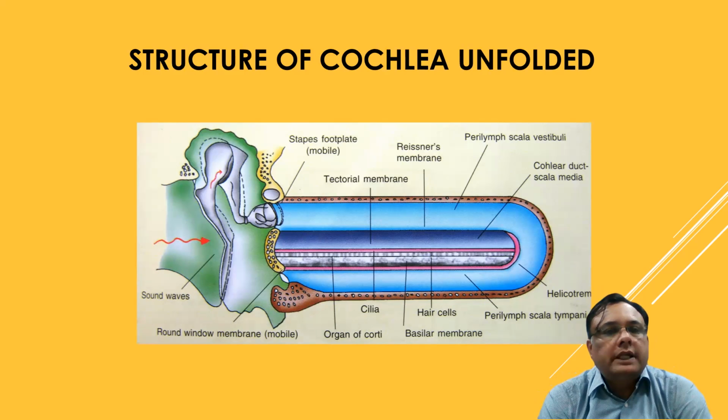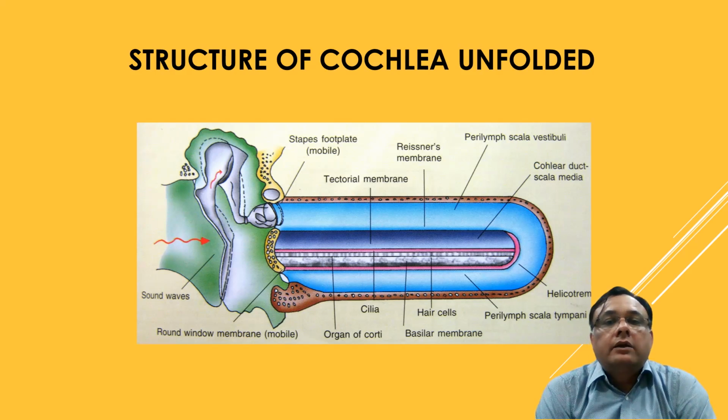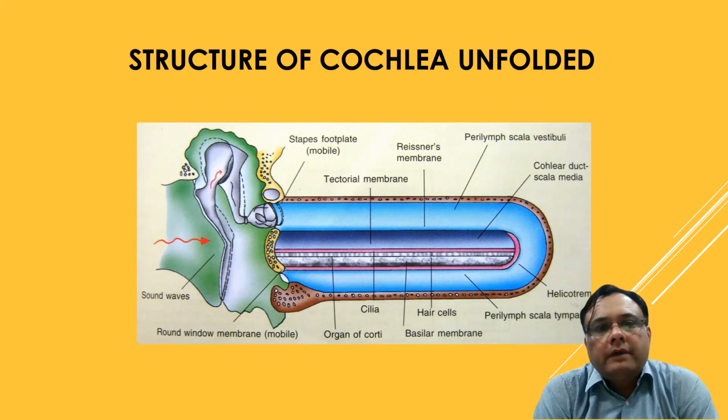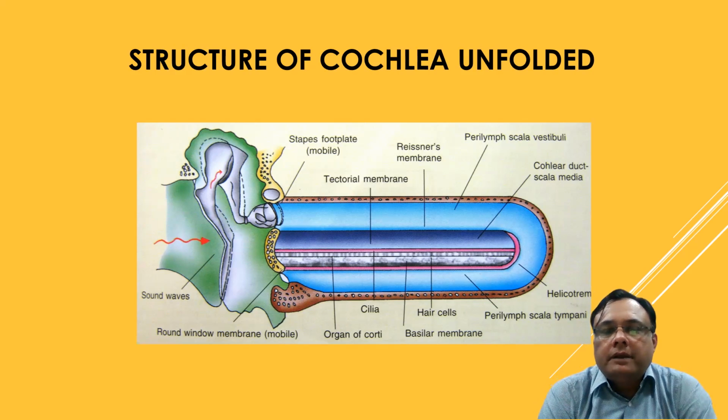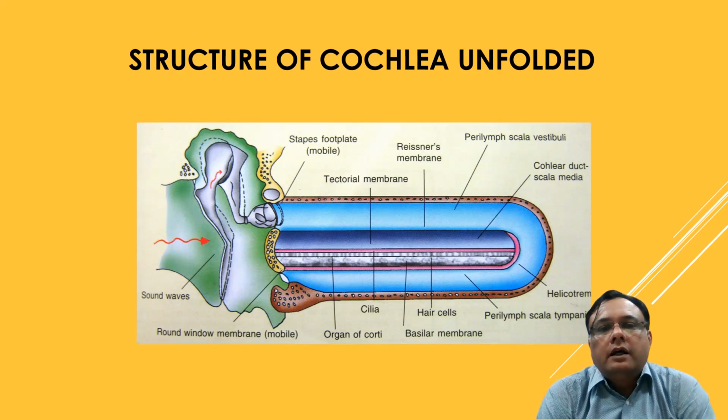Mechanical energy coming from the environment via the sound wave travels towards the EAC and strikes the tympanic membrane, causing vibrations of the ossicles, and ultimately the vibrations lead into the perilymph, which causes the vibration of the endolymph and the tectorial membrane movement, which ultimately transduces the mechanical energy into electrical, and that is how we hear the sound. Next slide.